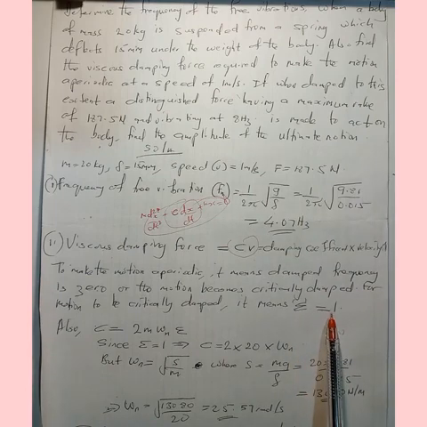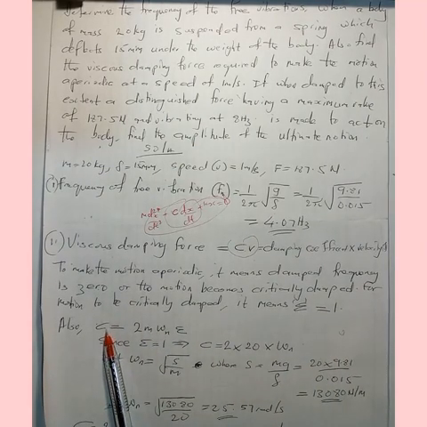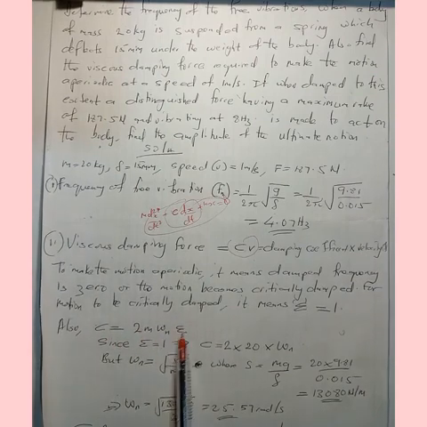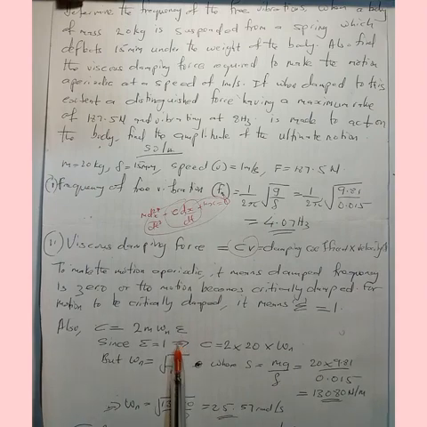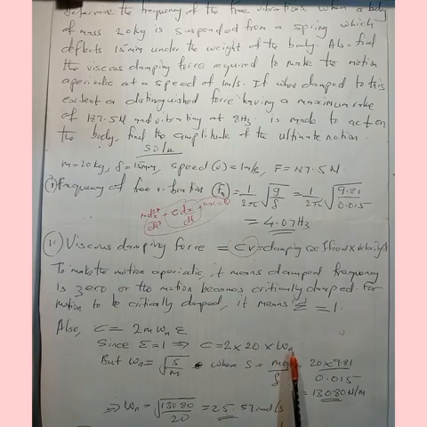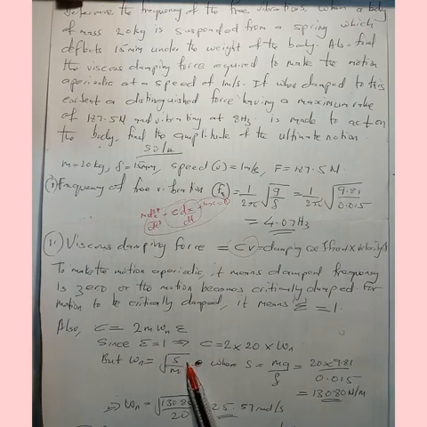Once the damping factor is 1, we already know the formula for finding the damping coefficient as c equals 2mω_n multiplied by the damping factor. Since the damping factor is 1, we are left with c equals 2 multiplied by 20, 20 is the mass, multiplied by ω_n. So we need to calculate our ω_n. ω_n is given by square root of s over m, where s is the stiffness.